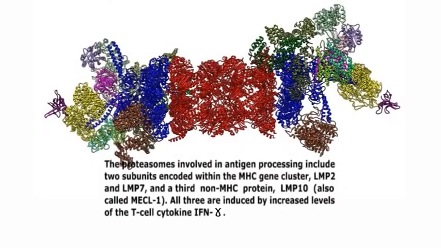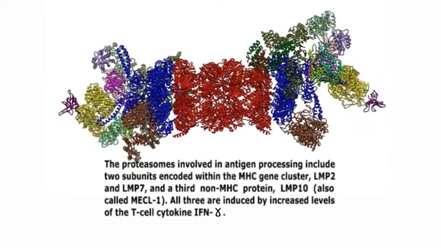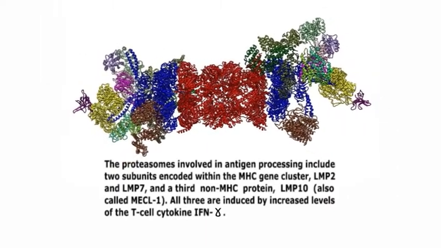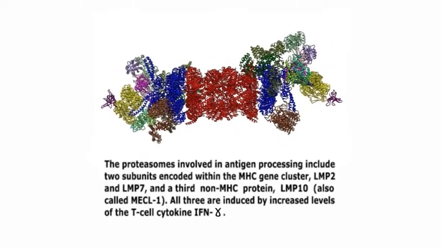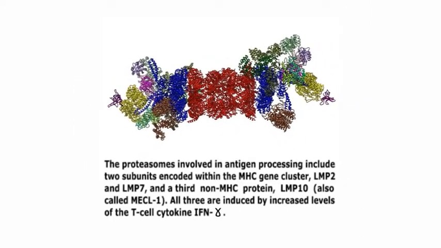The proteasomes involved in antigen processing include two subunits encoded within the MHC gene cluster, LMP2 and LMP7, and a third non-MHC protein, LMP10, also called MECL1. All three are induced by increased levels of the TC cell cytokine interferon gamma.